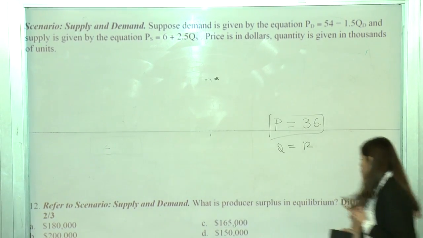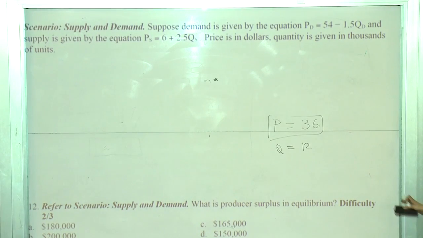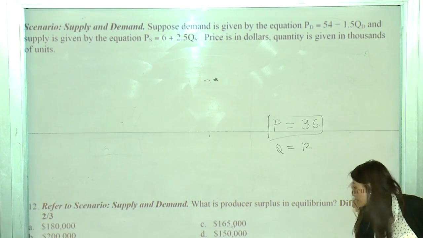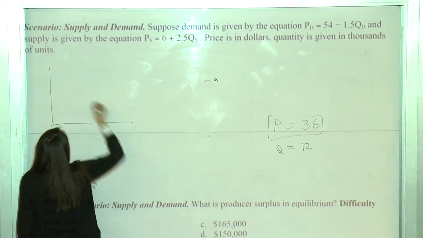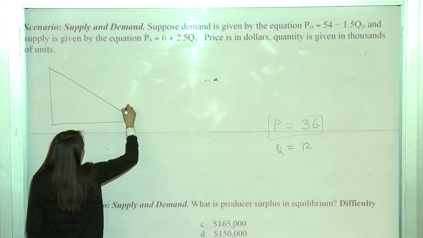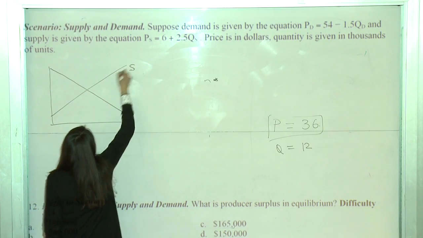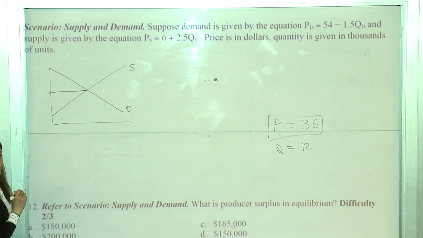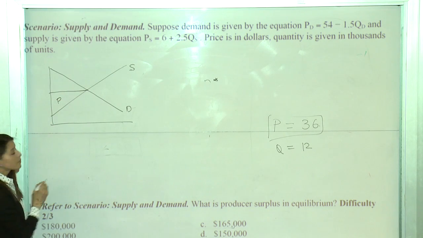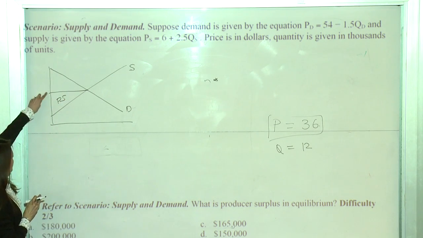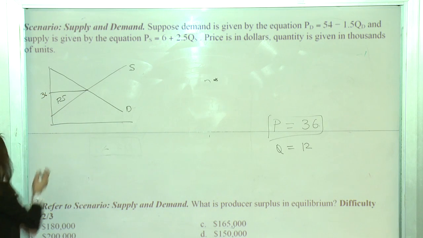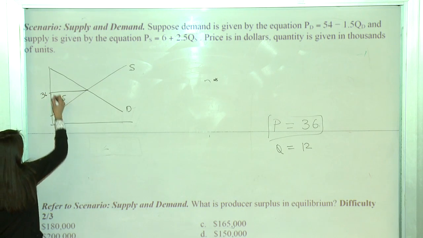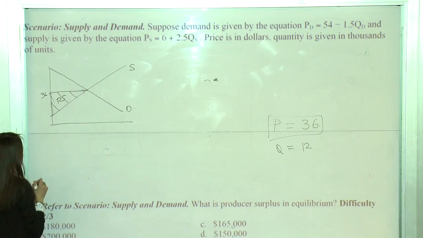So the next question is, what is the producer's surplus in equilibrium? So what is the producer's surplus? We have my demand function, my supply function, and the producer surplus is the difference between the equilibrium price, which in this case is 36, and the supply curve, so this whole triangle.